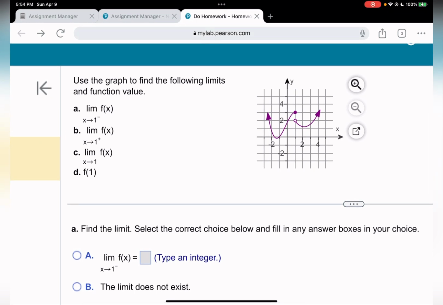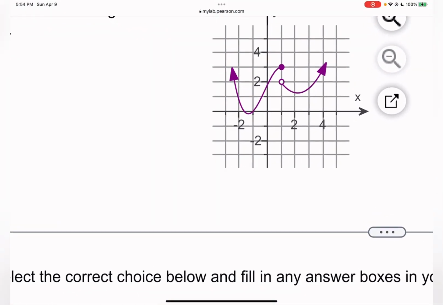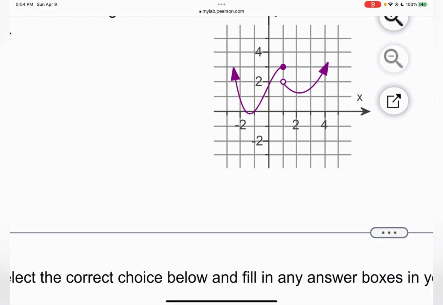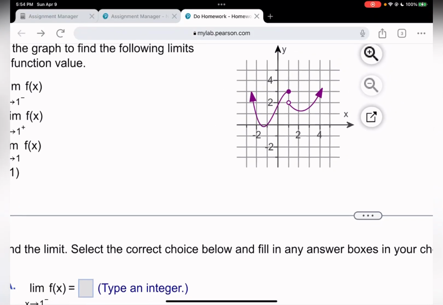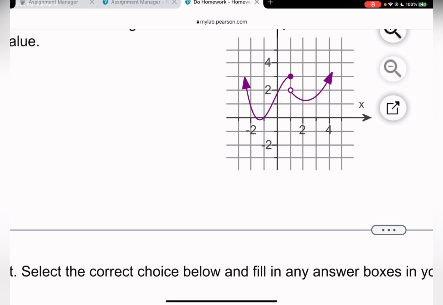For the point 1, x approaches 1 from the negative side. So I'm zooming here. So the value of y is going to be +3, right? That's the graph with the filled-up circle, right? It's equal to 3.